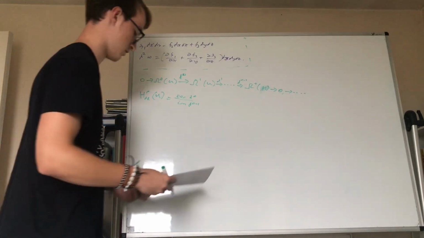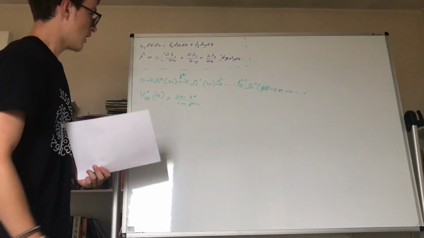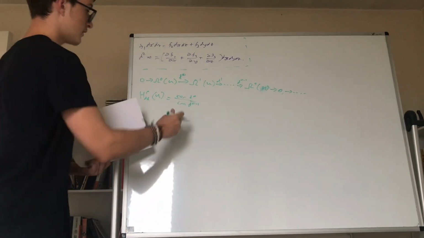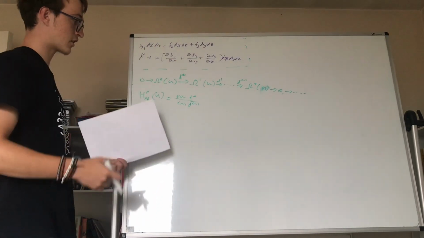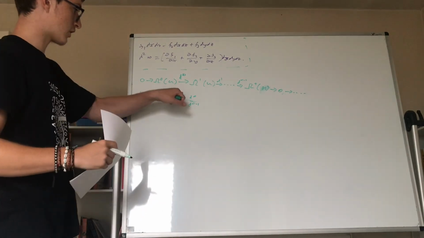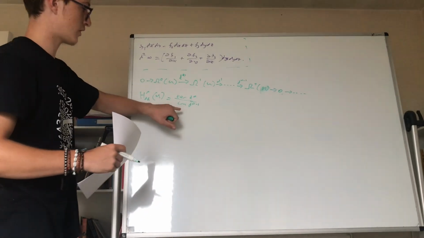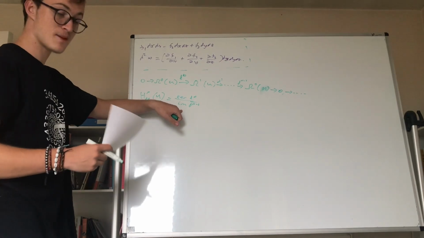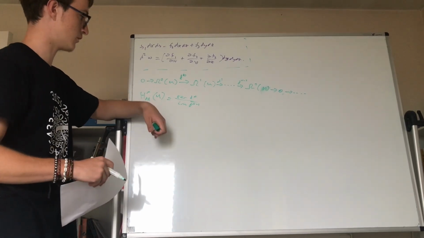Elements of the kernel are called closed p-forms, and elements of the image are called exact p-forms.